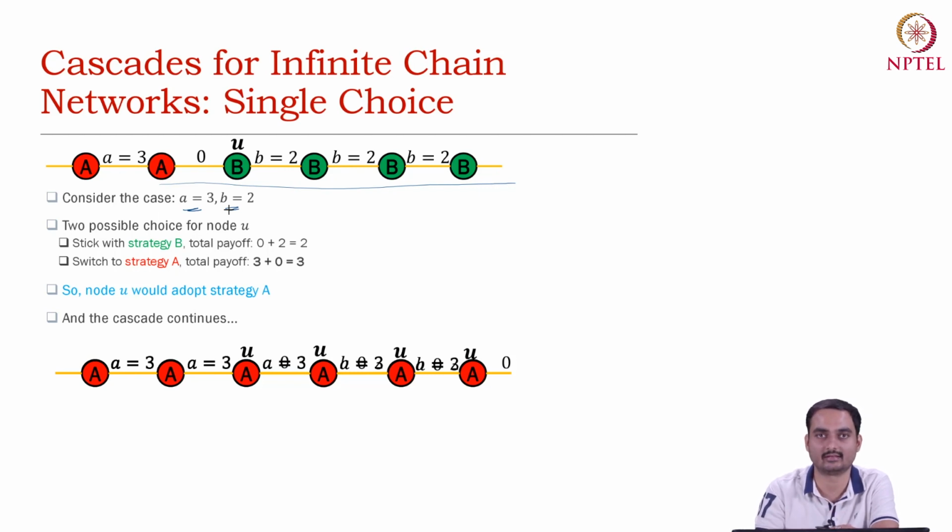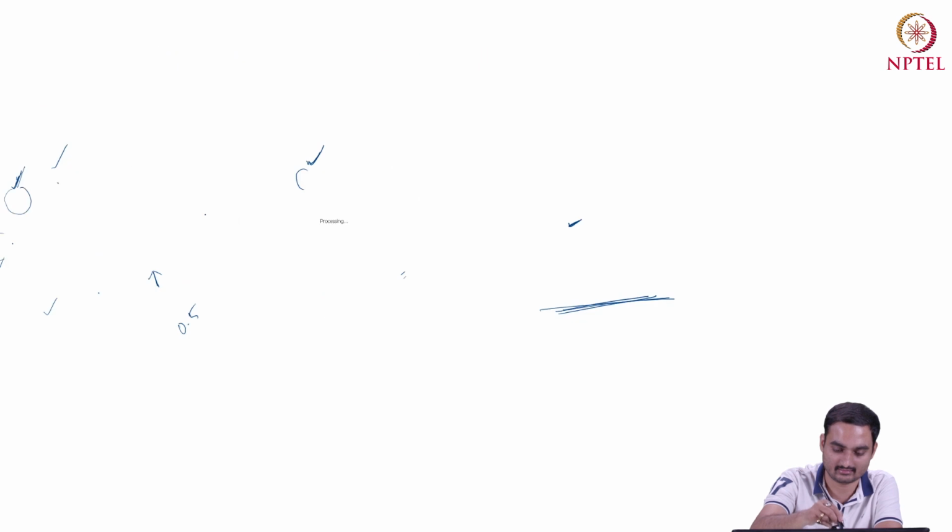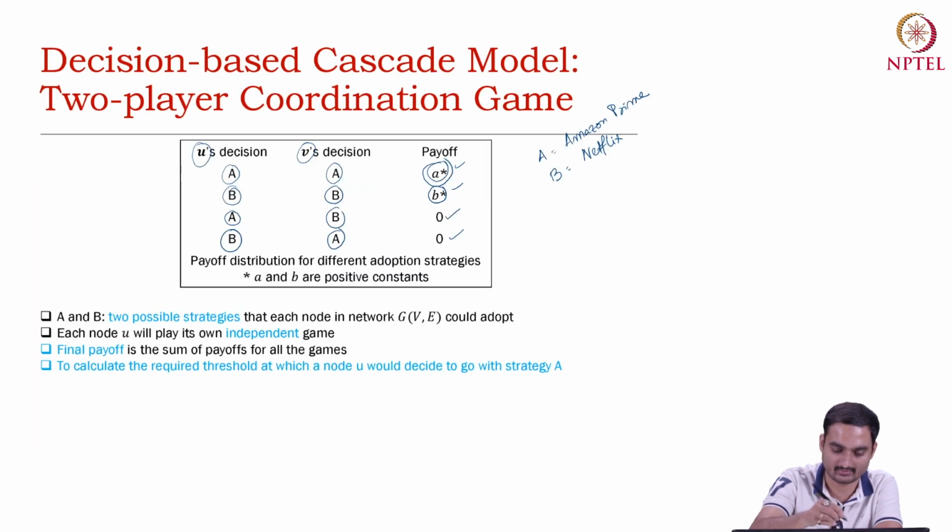You can't adopt both A and B. Essentially you are following this payoff table, and remember, memorize this payoff table. If both the payoffs are the same, you get either A or B depending on the strategy. If they are different, then you get 0.